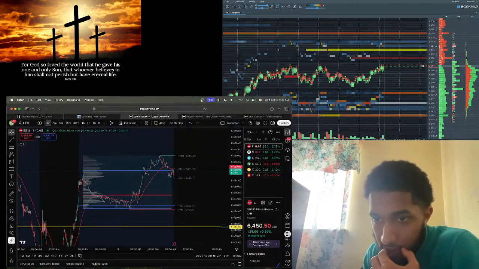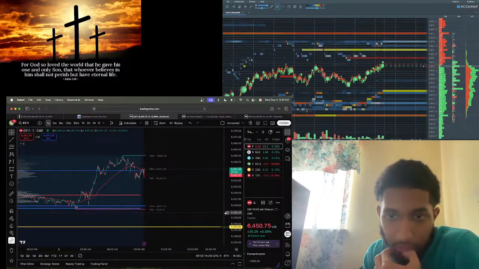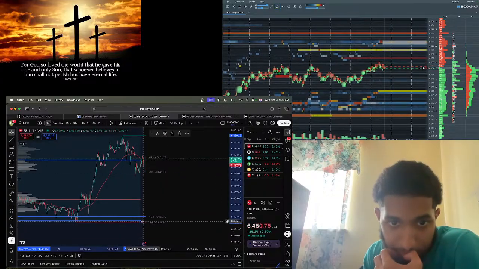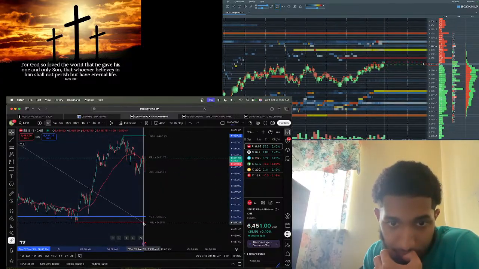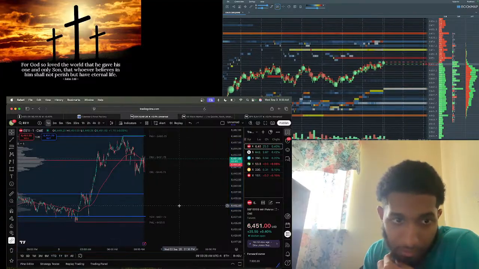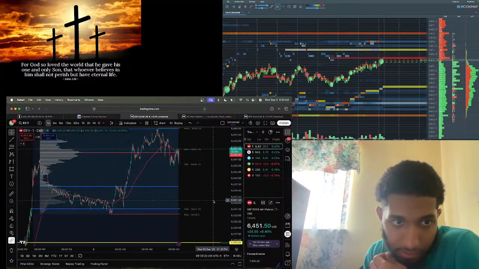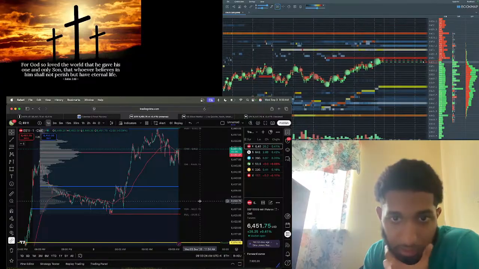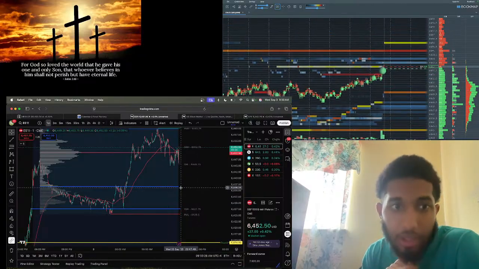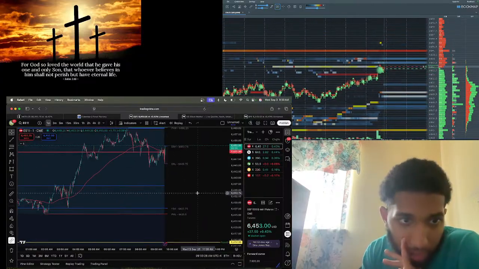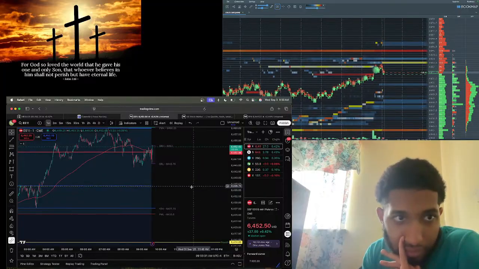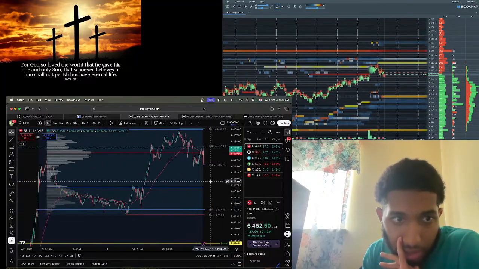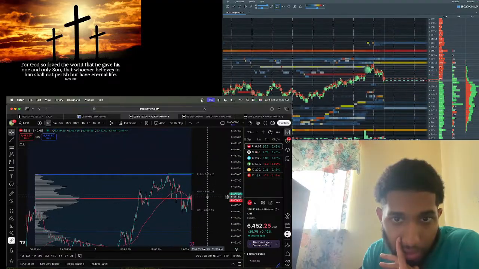Okay, that's right there. Well, the value area low now is right here on the 1 minute on the ES. This is the point of control, the value area.